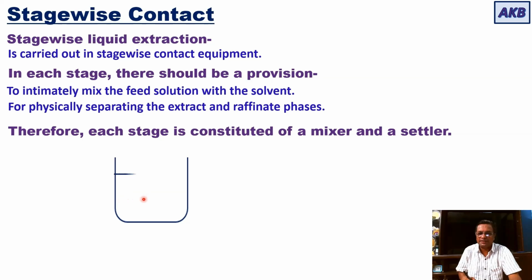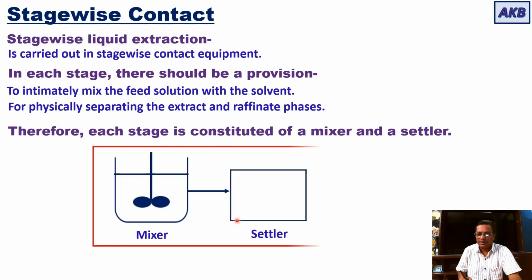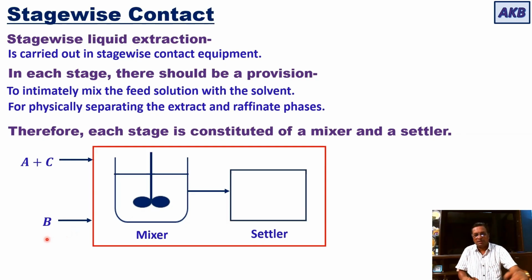You can represent that schematically. So you have a mixer followed by a settler, and this combination forms one stage. The feed containing A and C, where A is the carrier solvent and C is the solute to be recovered, is contacted with the solvent. In our notation, we have denoted the solvent by B. These two liquid phases will be intimately mixed in the mixer.